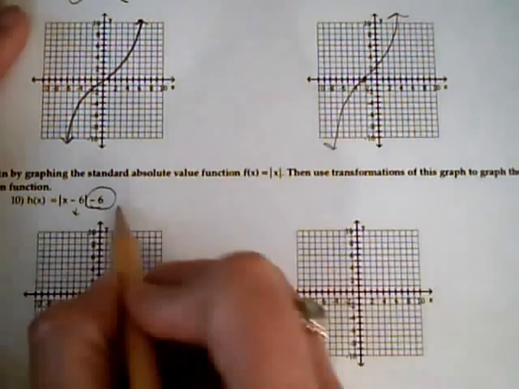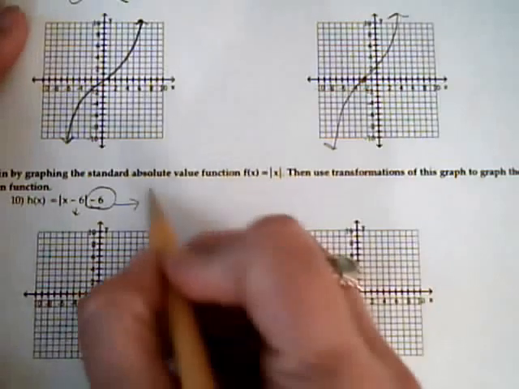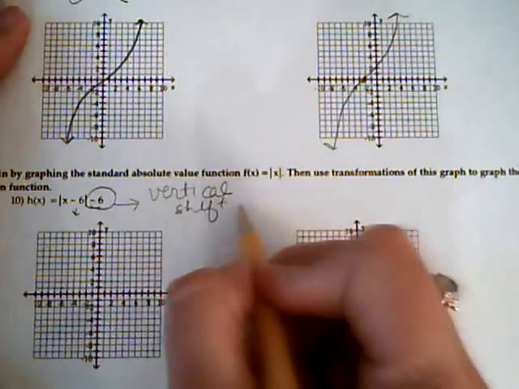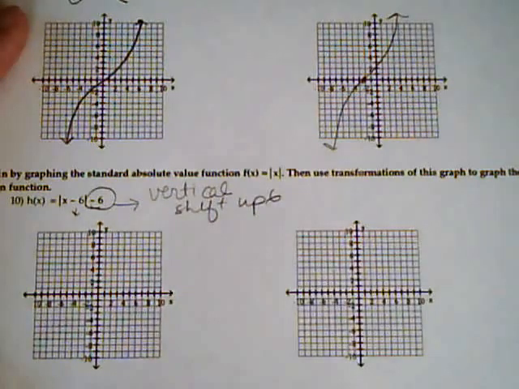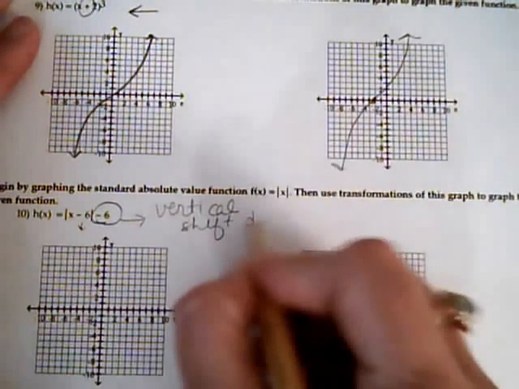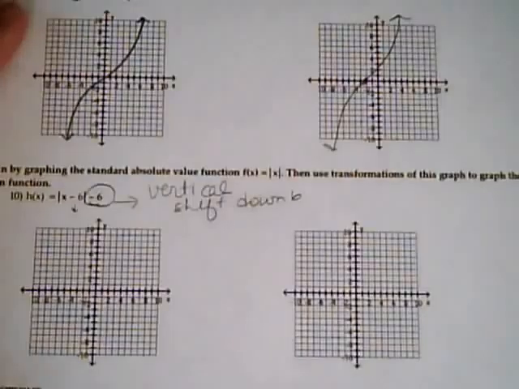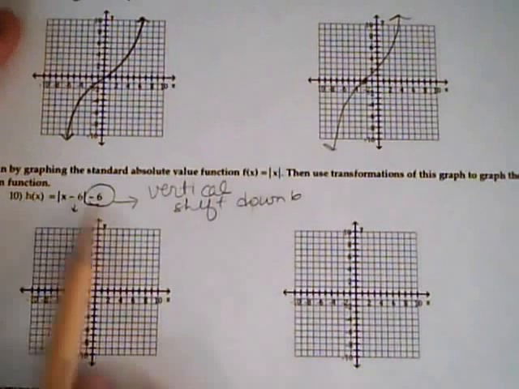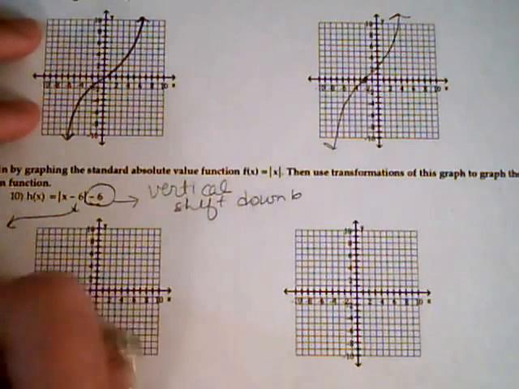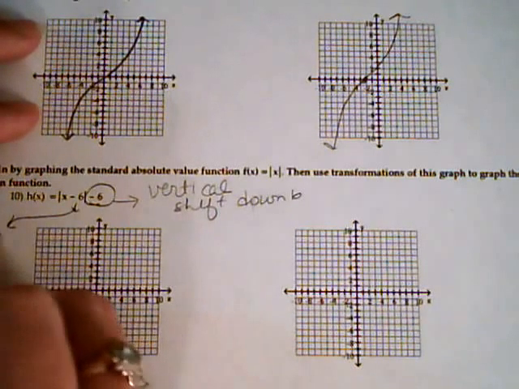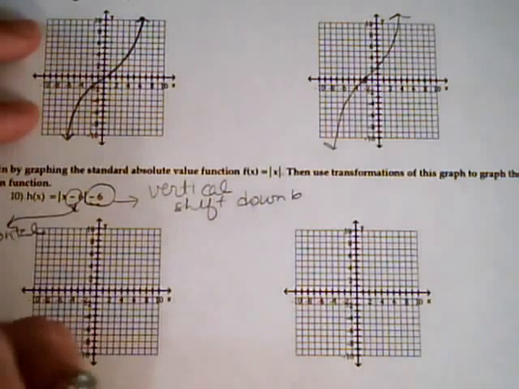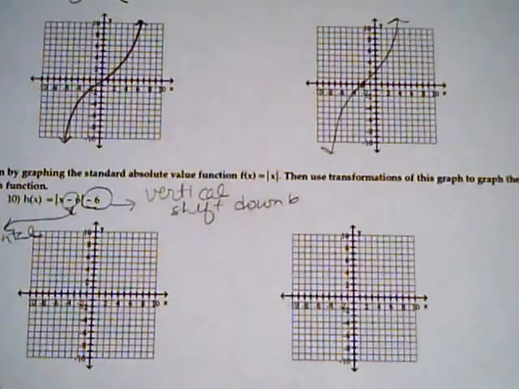So this 6 on the outside means that I'm going to have a vertical shift up 6 units, or no, it's negative, so that's not going to be up, it's going to be down 6. And then the 6 that's on the inside of the absolute value bars means that you're going to have a horizontal shift in the opposite direction of my sign, so to the right 6.